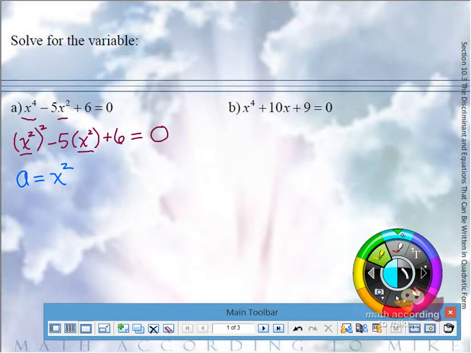Wherever you see an x squared in the original problem, right here and right here, we're now going to call a. So instead of x squared being squared, we can now write a squared. Instead of negative 5 times x squared, we can now say minus 5a. Plus 6 is still plus 6.